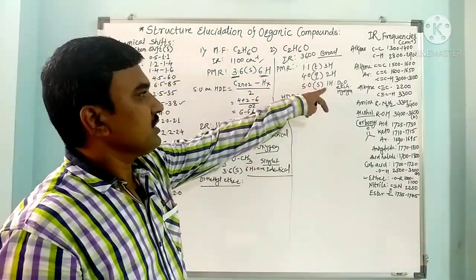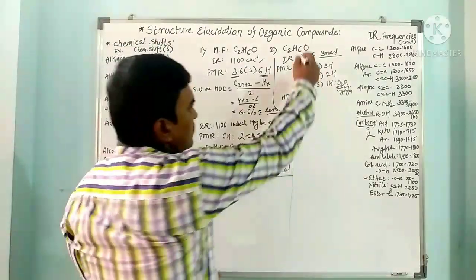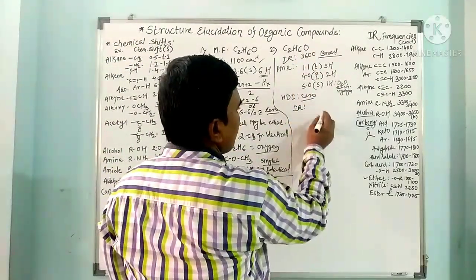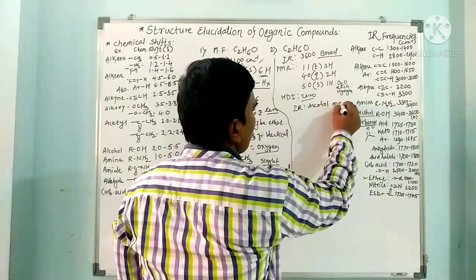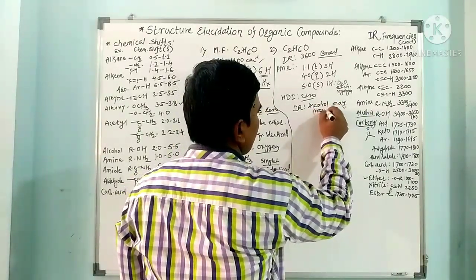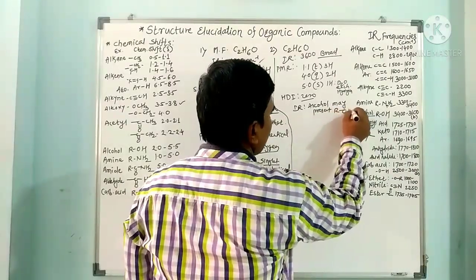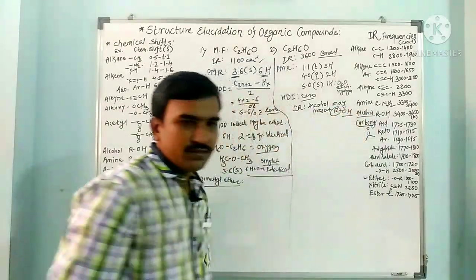So this is the O-H stretching frequency. So from this IR we can say alcohol may be present. So that is R-OH. Now I have to find out this R.